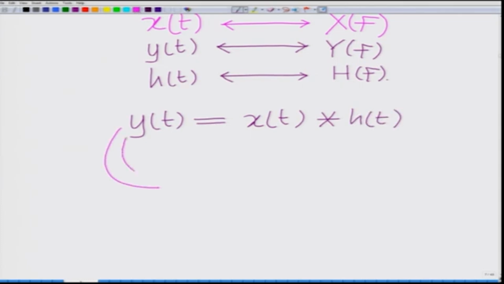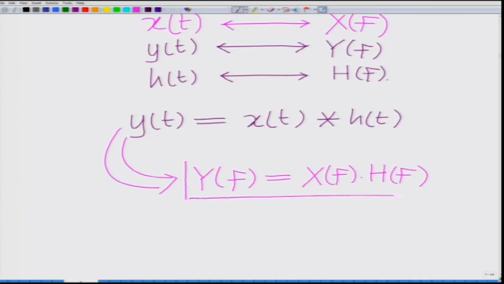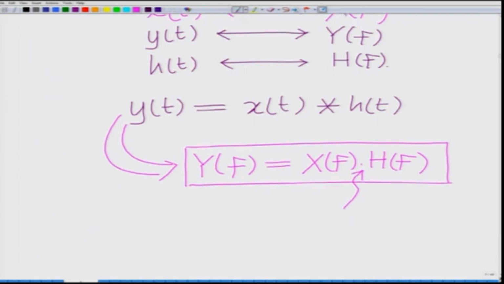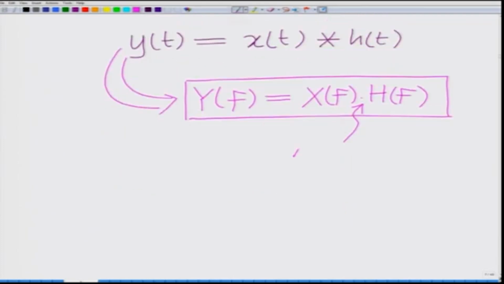This implies in the frequency domain Y(f) equals the input Fourier transform X(f) times H(f), that is, convolution in the time domain becomes multiplication in the frequency domain.